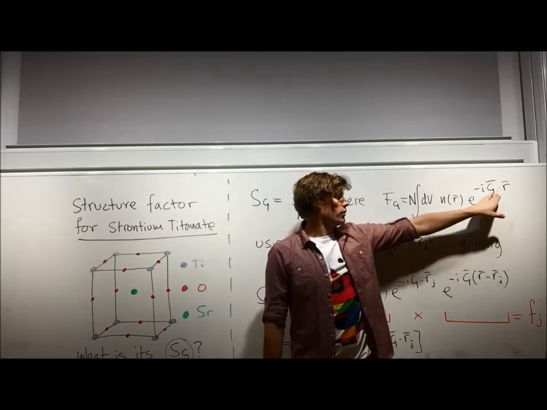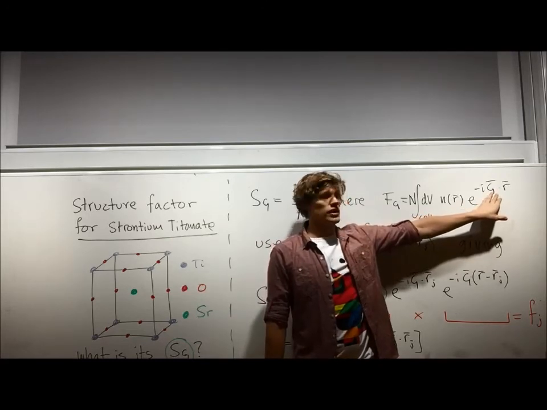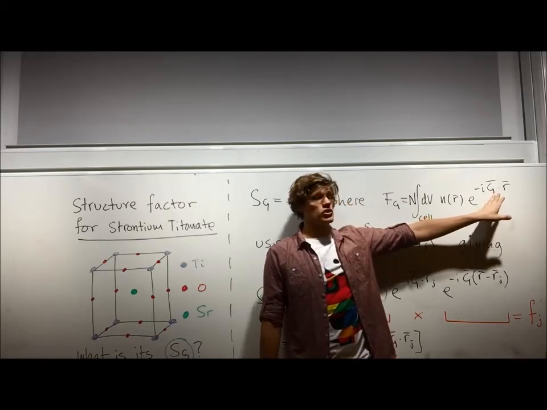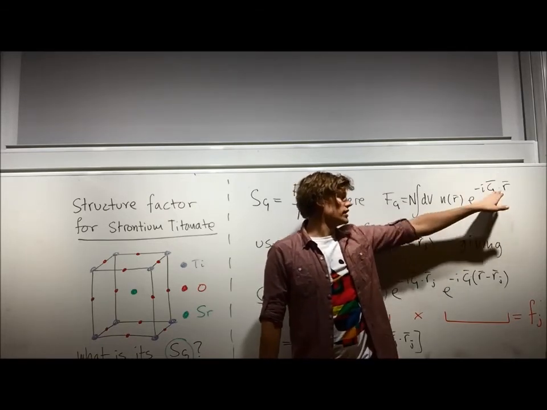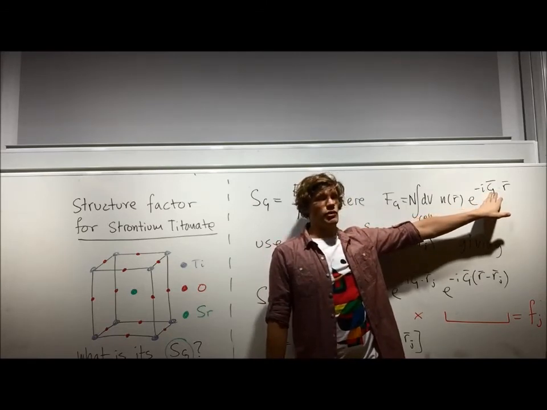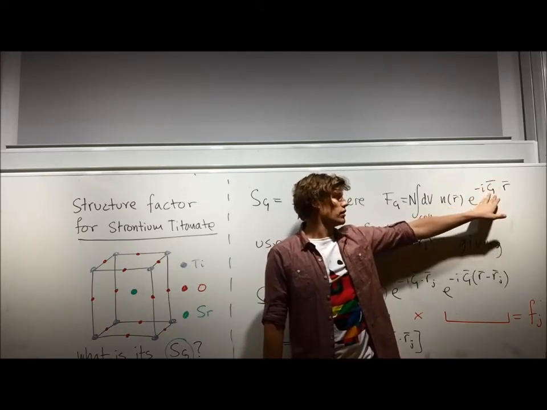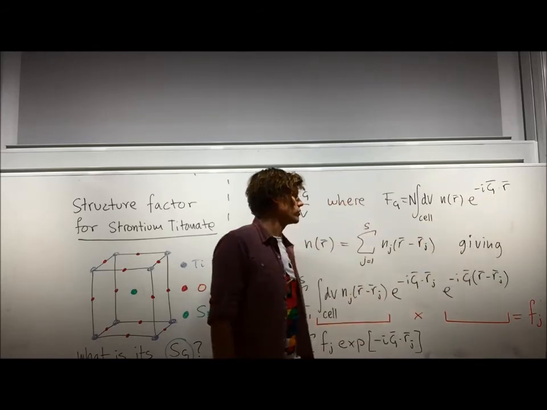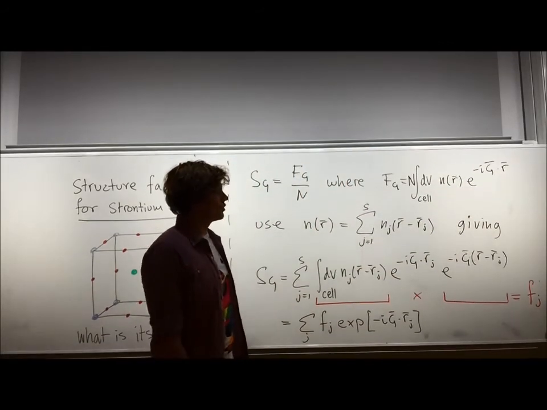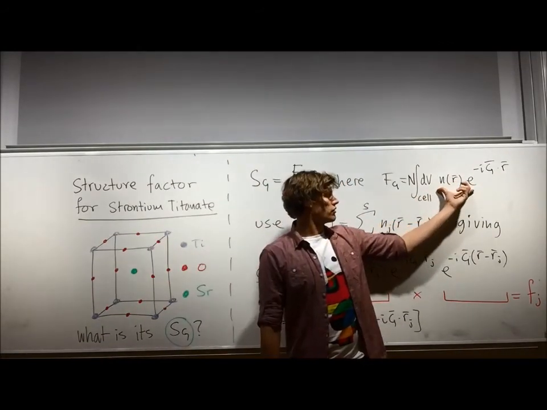And you can replace this with the reciprocal vector due to the diffraction conditions. So this is the change in wave vector, but then you replace that with the reciprocal lattice vector, and that's what you get. So this part here is the structure factor.